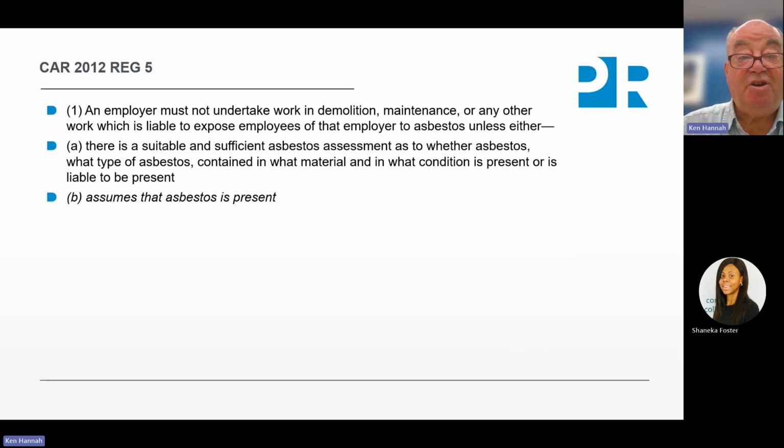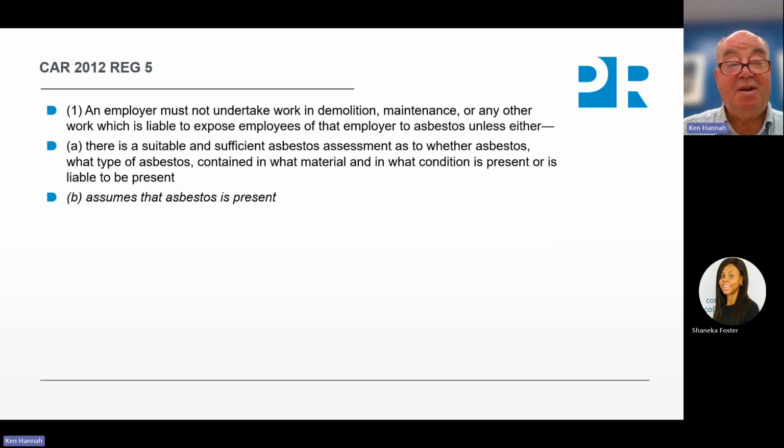An employer must not undertake any work in demolition, maintenance, or other work which is liable to expose employees of that employer to asbestos. So it's a criminal offence if you do as an employer, unless there is a suitable and sufficient asbestos assessment, R&D survey, as to whether asbestos is present, what type of asbestos, contained in which material, and in what kind of condition it is present or is liable to be present.